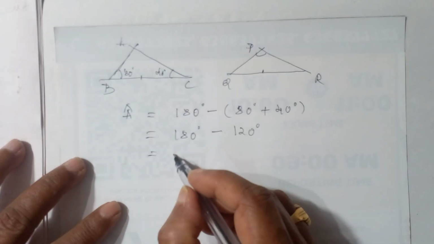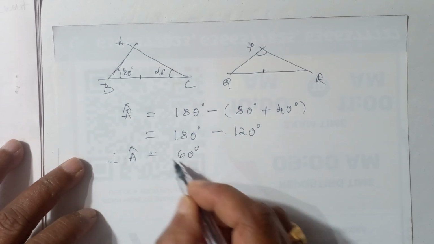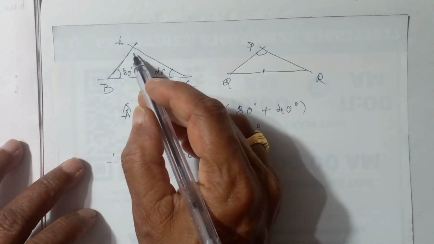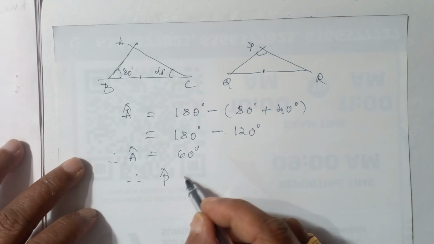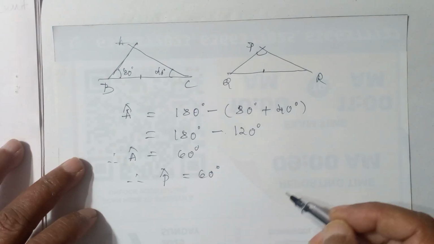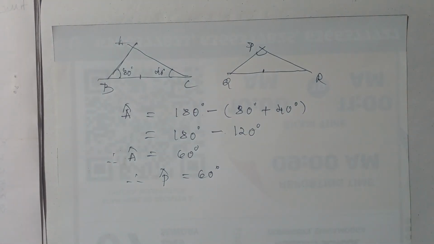Subtract 120 from 180 degree, you get 60 degree. Therefore, angle A is 60 degree. Angle A corresponds to angle P. Therefore, angle P measures 60 degree. In this way, we can find the angle P. I think it is very easy. Do you feel it is very easy? Sure, anyone can score the mark.